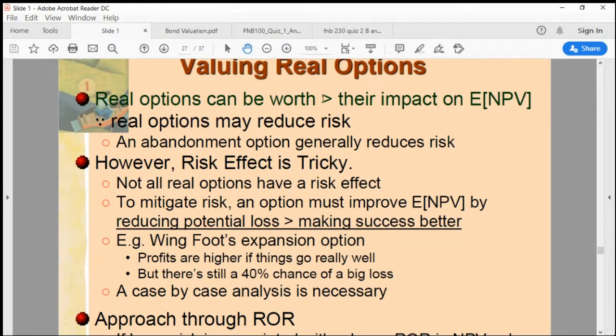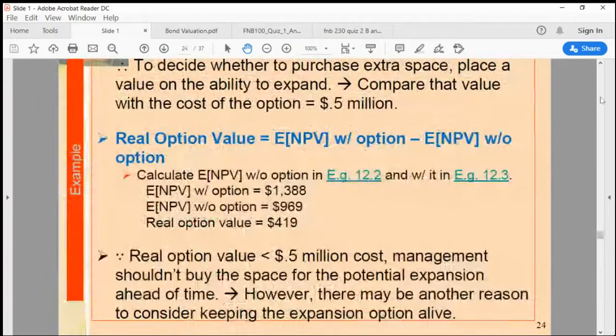Real options can be worth more than the impact on the expected net present value. That's why we talked about the abandonment, right? Normally, in example 12.3, you saw that because the value of the real option is less than the cost, you would think it's not worth it.